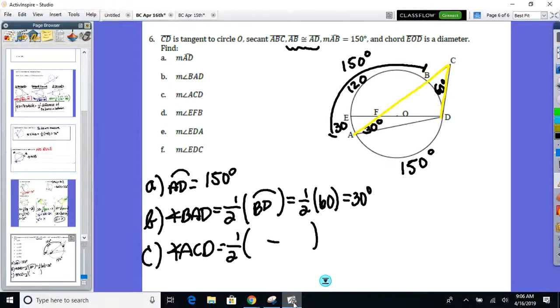What are the two arcs? Okay, so 150 minus 60. Half of 90. We're looking at 45 degrees.